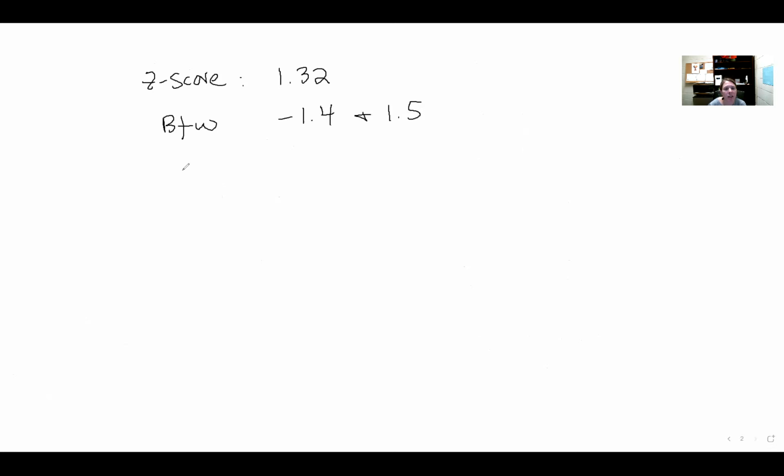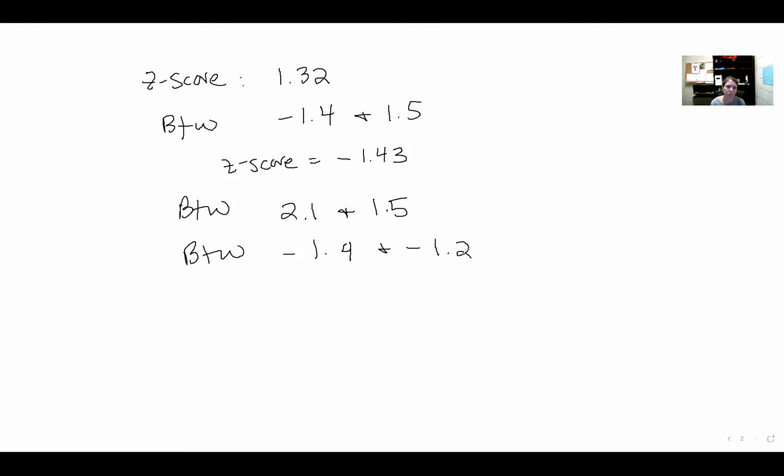I want to find the z-score of negative 1.43. And then I want to find between 2.1 and 1.5. And then also between negative 1.4 and negative 1.2.